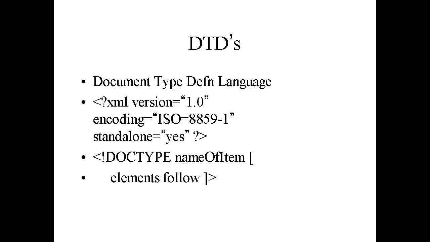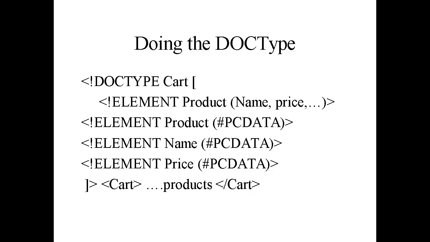So document type definition languages typically start with some sort of encoding, and the encoding that's normal is an ISO standard text encoding called 8859, and you can make these standalone documents, and then you can define some of the doc elements. So here's a doc type element called a cart. That could be a shopping cart, and it has some product with a name and a price and some other stuff in it.